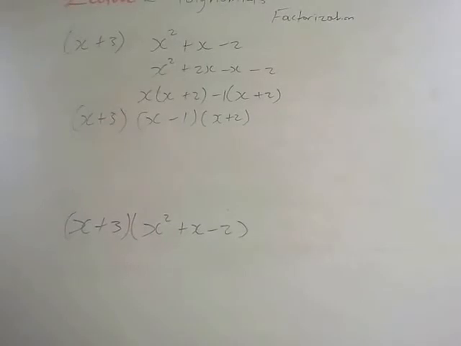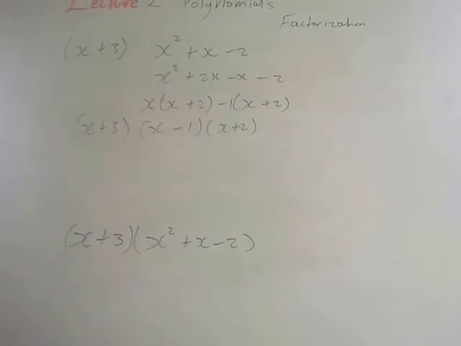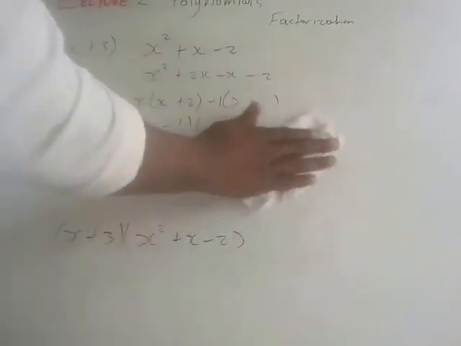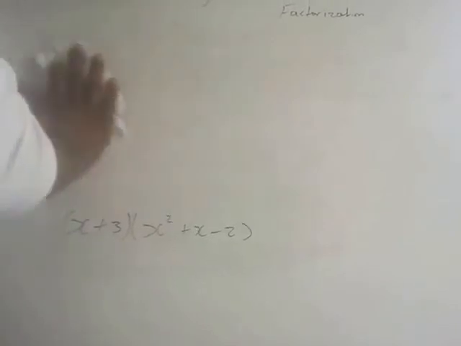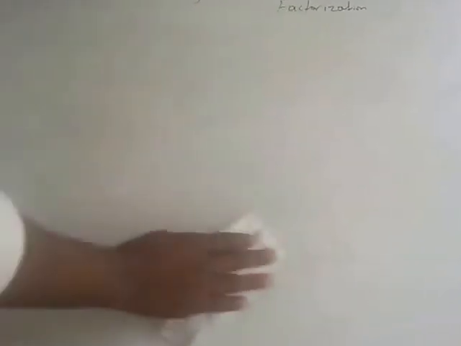So factorizing completely, we get 3 different factors: x plus 3, x minus 1, x plus 2. Now I'm going to show you another method of solving this polynomial to the third degree.